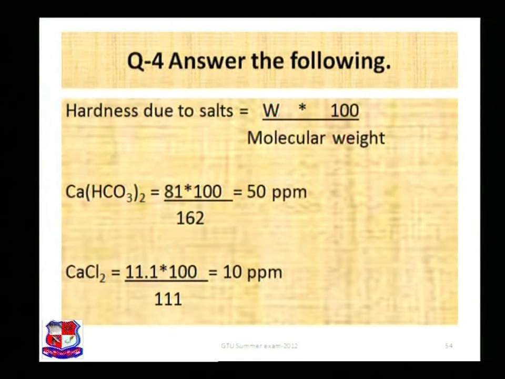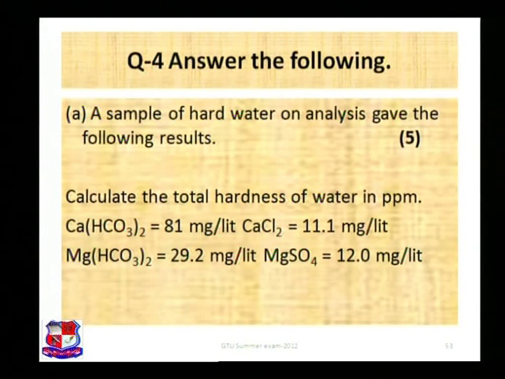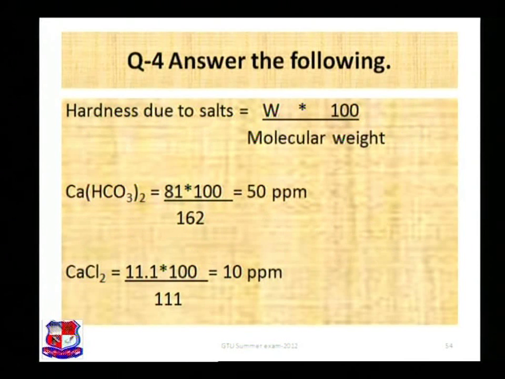Hardness due to salts is given by the formula W into 100 divided by molecular weight. For calcium bicarbonate, the molecular weight is 162 and the W value given in the sum is 81. So 81 into 100 divided by 162 is 50 ppm. ppm is parts per million, used to express hardness.